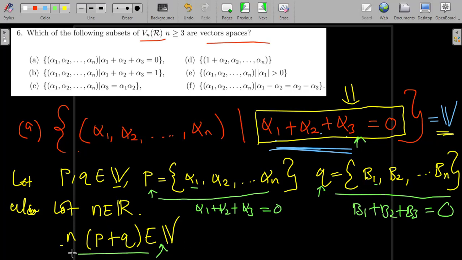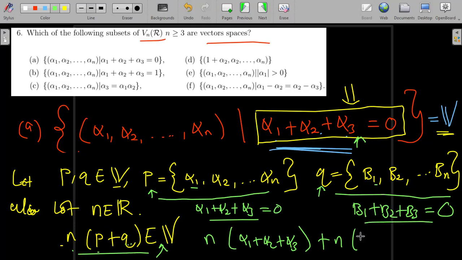So I'm going to say n multiplied by p, which is just np, plus n and then q. But p satisfies this condition, and q also satisfies this condition, so it will be beta 1 plus beta 2 plus beta 3.